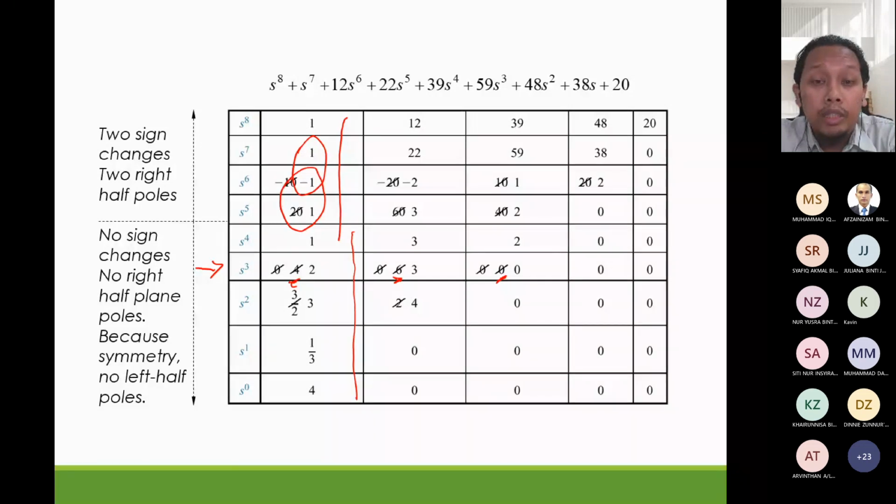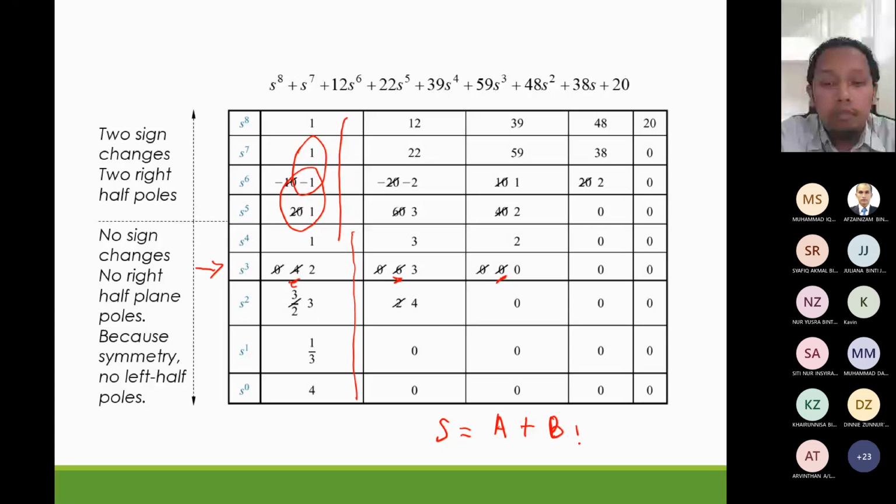later on we will see in a topic after midterm, symmetry of the S-plane. Okay, so what I mean by that is that let's say if you encounter a value of S as a complex number. So when you encounter a complex number S equals, let's say, A plus Bj, there must be another complex number, but with negative Bj.